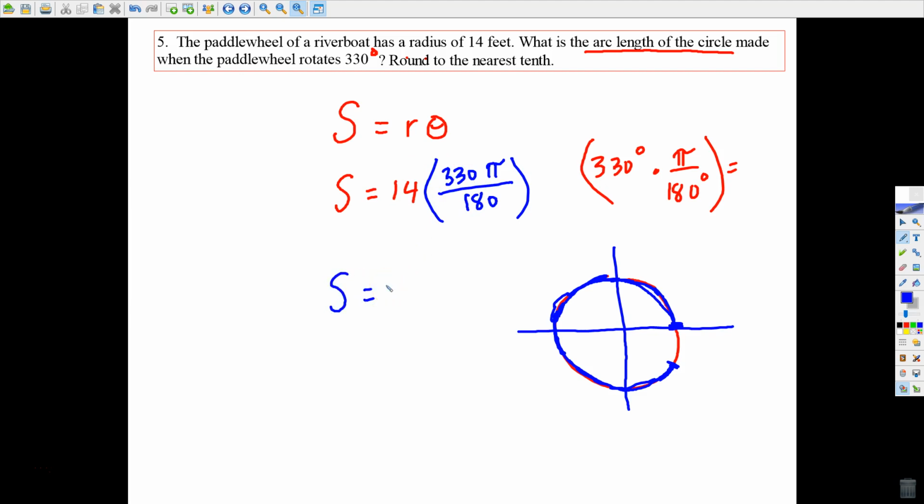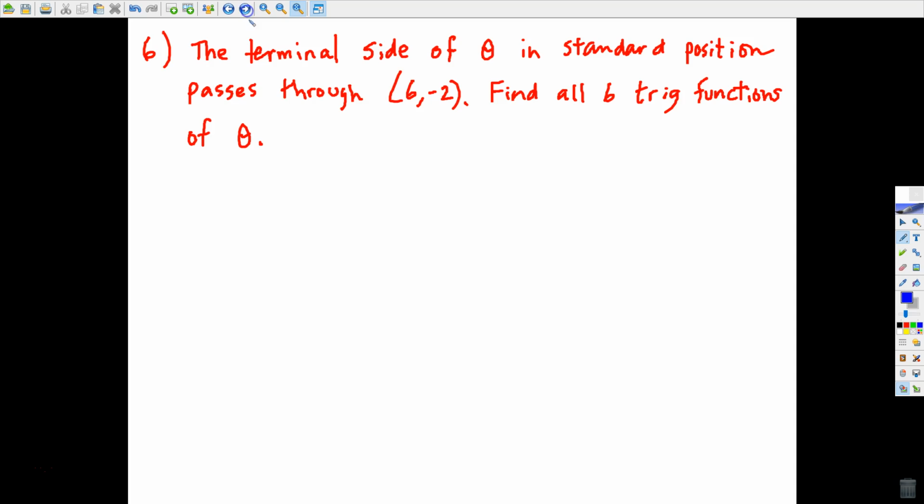And so 14 times 330 pi and then divide that by 180, and you should show in your calculator that it's 80.634211, but we're rounding to the nearest tenth. So the length of that arc described in this problem is 80.6 feet, rounded to the nearest tenth. And that's your answer for number 5.